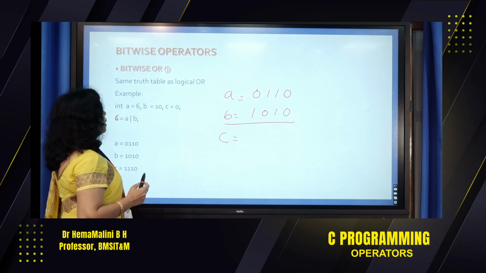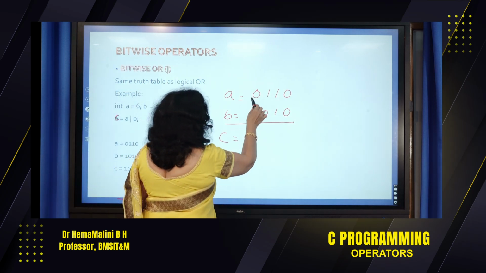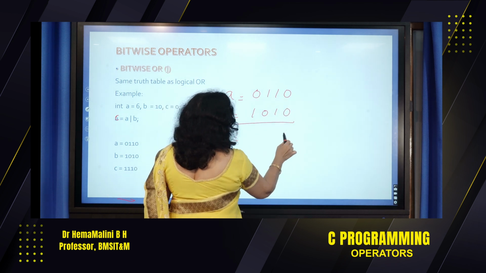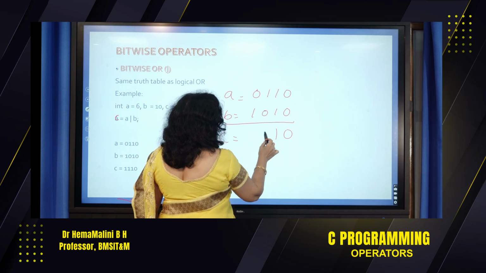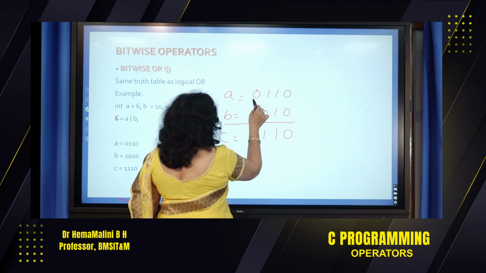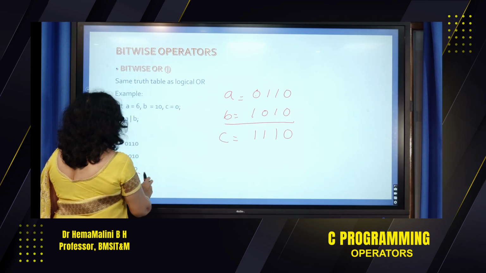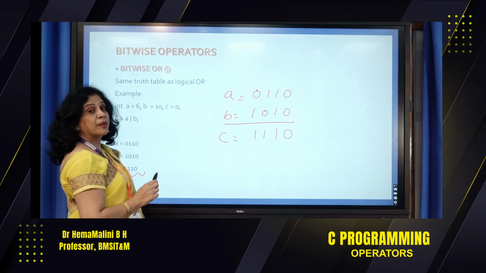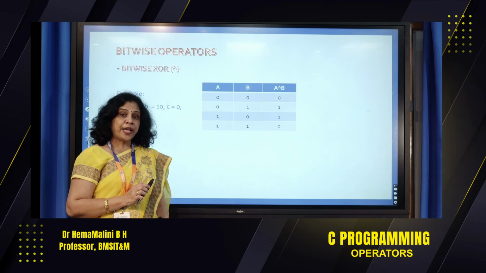The truth table remains to be the same as logical OR. So 0 or 1 is 1, 1 or 0 is 1, 1 or 1 is 1, 0 or 0 would be 0. So the result is 1, 1, 1, 0. This is bitwise OR.